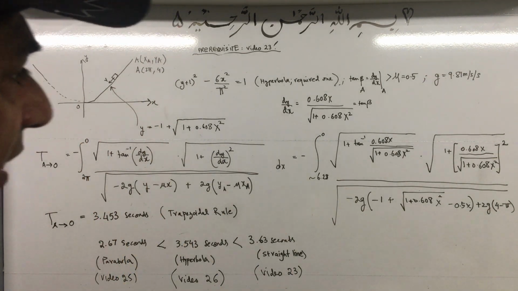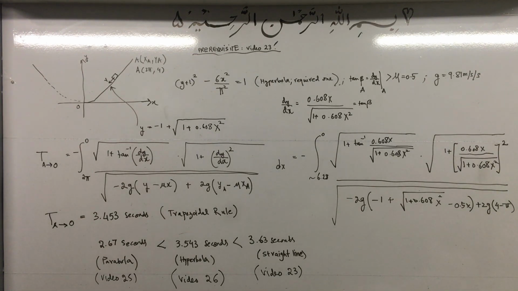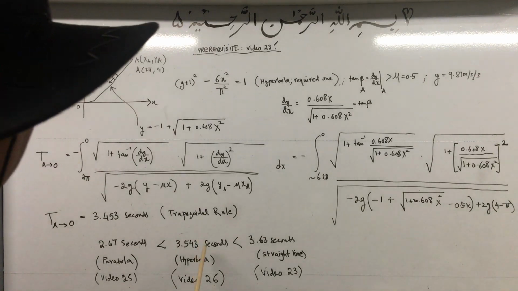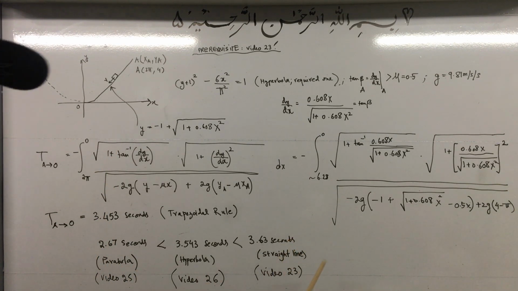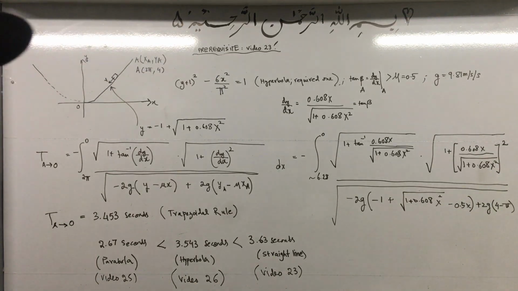The straight line is greater than the hyperbola, and the time it takes to travel on the hyperbola is greater than the time it takes to travel on the parabola. So far in the race, the winner is the parabola.